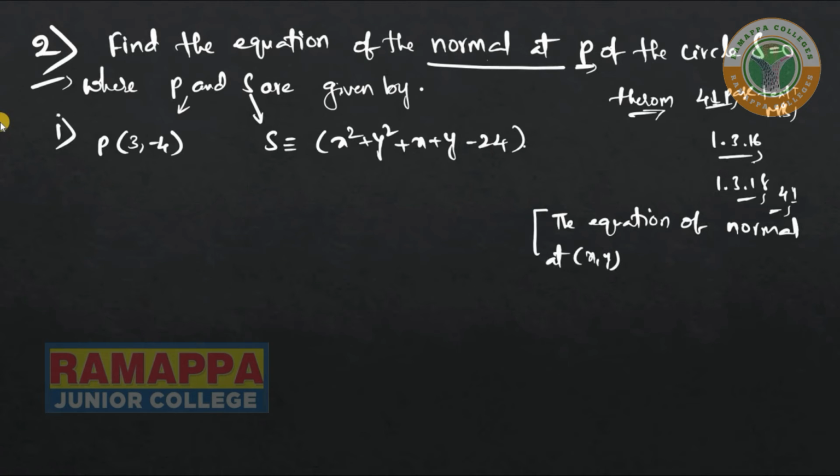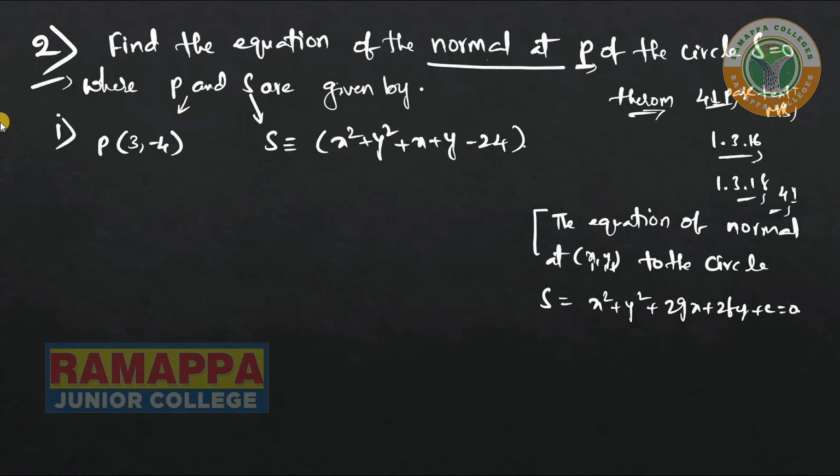Okay, here is the given question: the point x1, y1 lies on the circle S, where S = x square plus y square plus 2gx plus 2fy plus c is equal to 0.